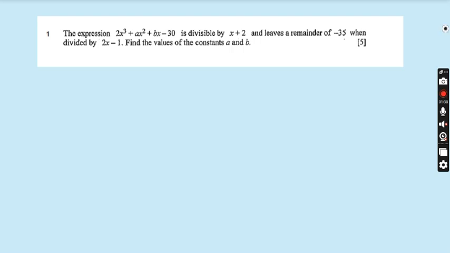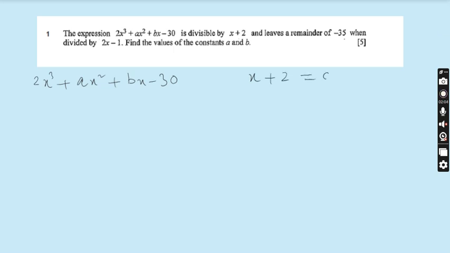So the expression is 2x cube plus ax square plus bx minus 30. Now according to the question, this expression is divisible by x plus 2.